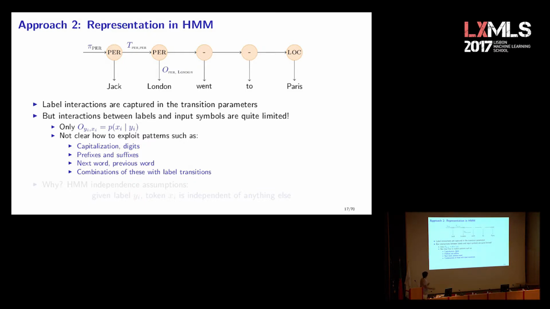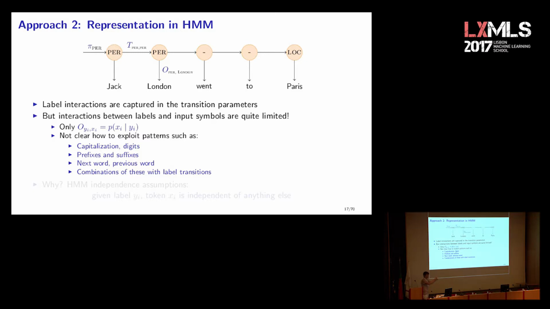And here we don't. We only have these three sets of parameters. How can I capture that my word is capitalized? For English and many other languages, this is a clear indication of a named entity. In an HMM, the relation between labels and words is only described by this table of parameters: there is a weight for each word and each label.